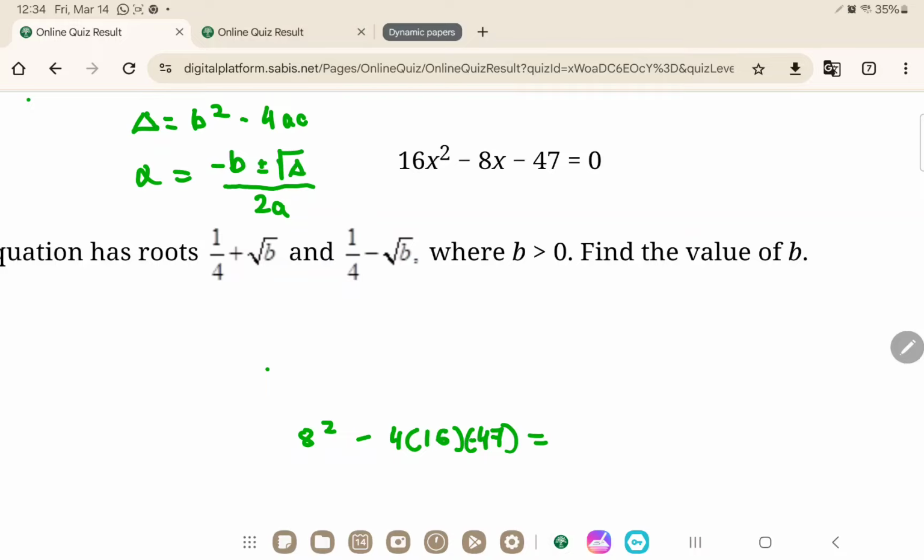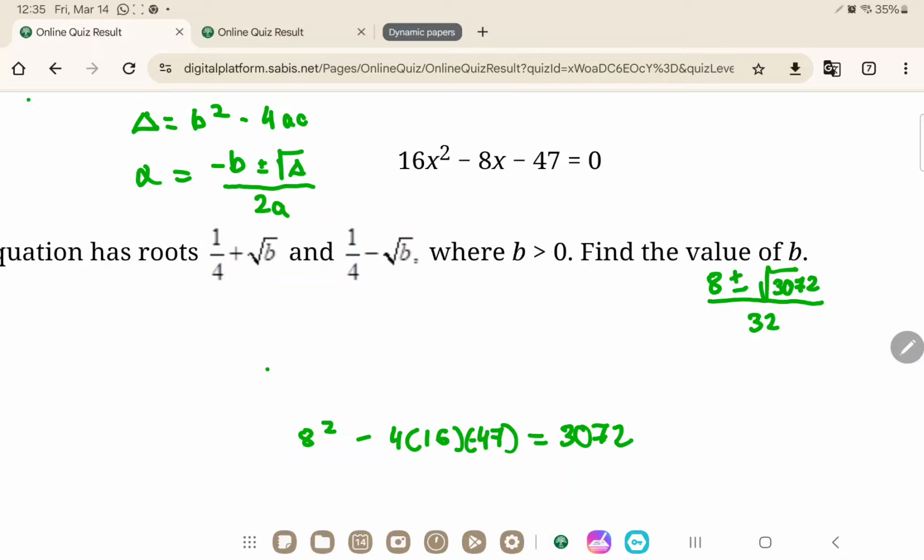You have to put the negative or you'll get a completely wrong answer, which is 3072. Now we put it in the quadratic formula, so it's negative b, so it's negative 8, so it's 8 plus or minus radical 3072 over 2 times 16, which is 32.